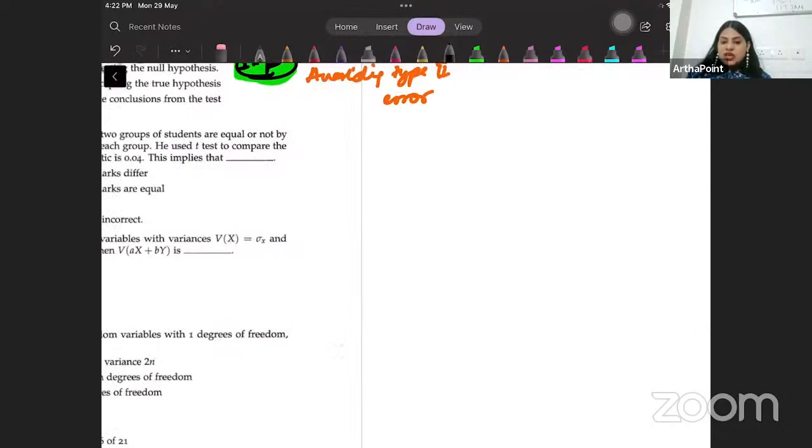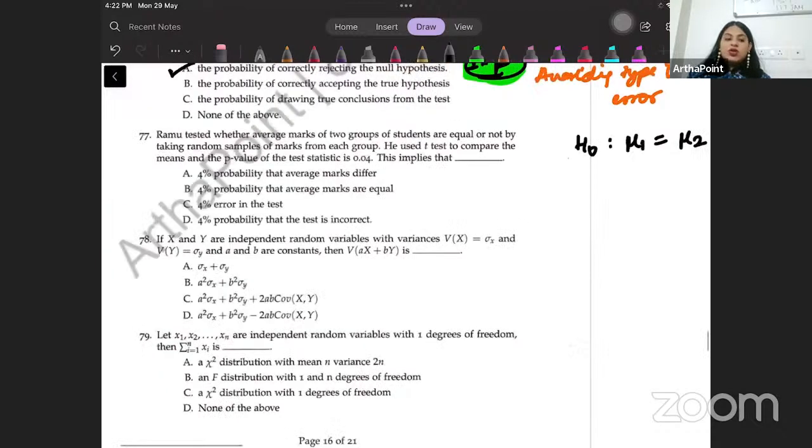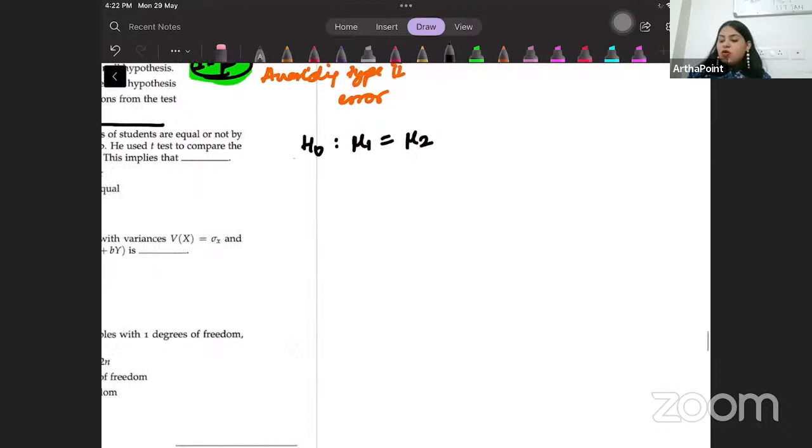The question is saying that the null hypothesis is that the mean of the 2 groups is equal. This is what you want to check: average marks are equal or not. And the alternative hypothesis is that the average marks are not equal, right? And the p-value that you have is 0.04, right?